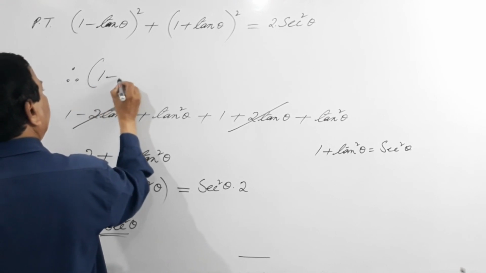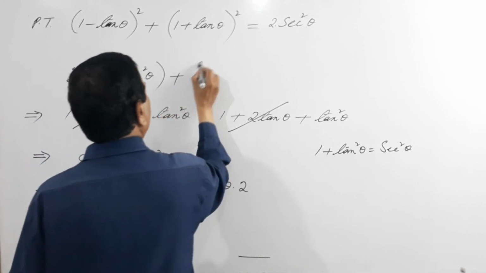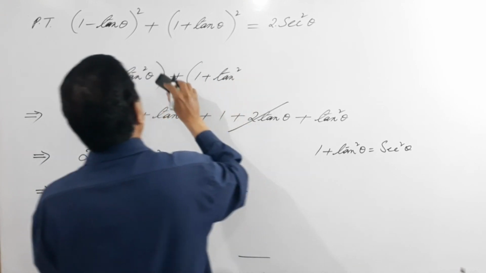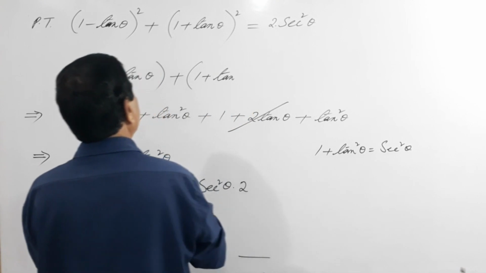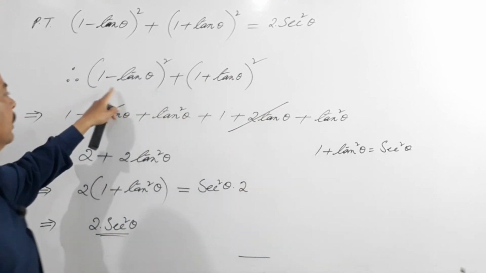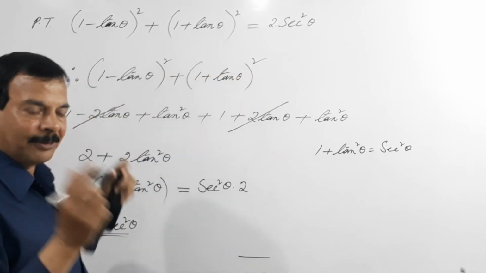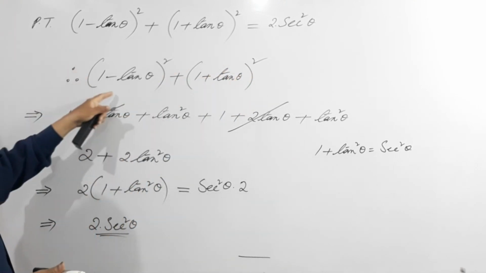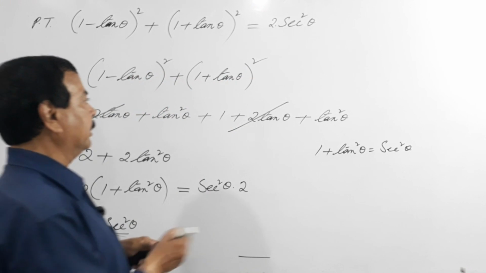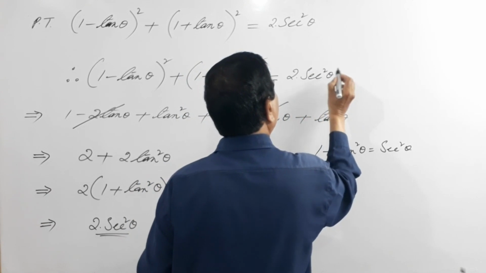Therefore, 1 minus tan theta the whole square plus 1 plus tan theta the whole square is equals to 2 secant square theta, equals to 2 secant square theta.